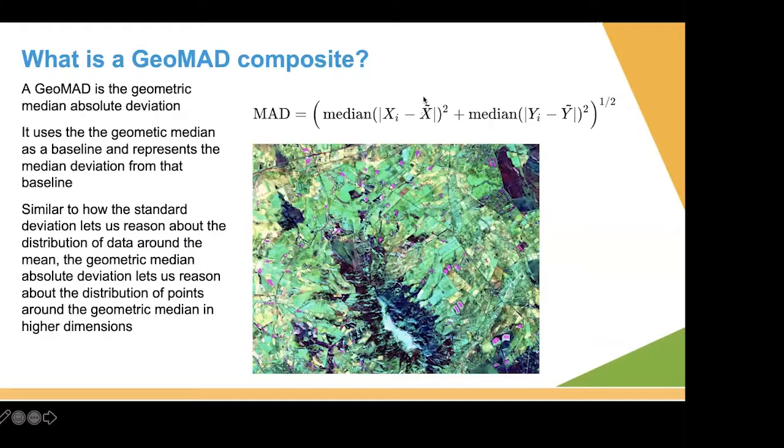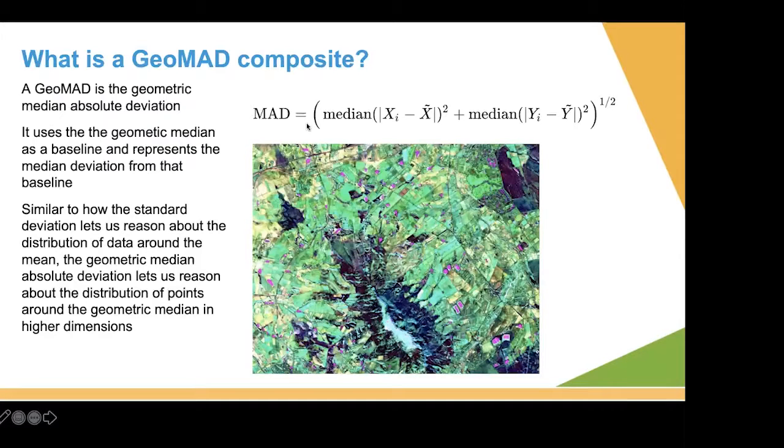This would be a geometric median absolute deviation for a two-dimensional set of data. We could have up to, again, 10 different things. This was pulled from Wikipedia, and it would get very big if we tried to represent all 10 different things.